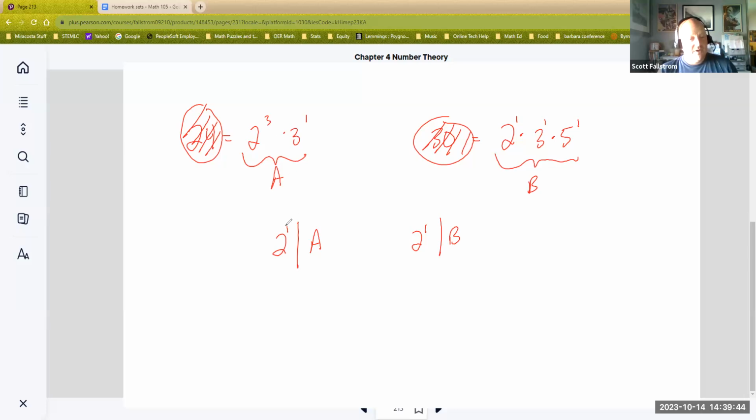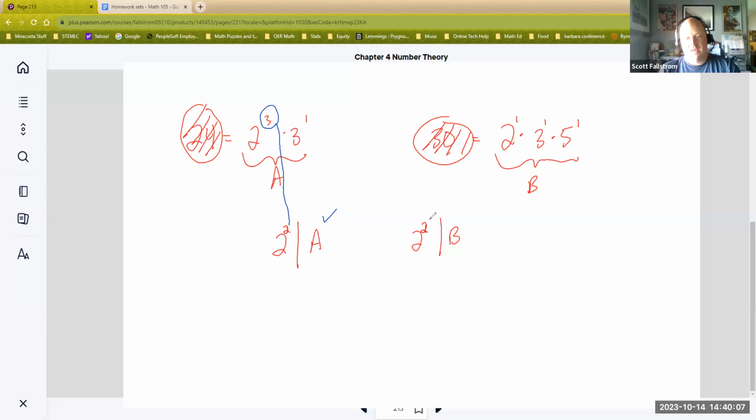Okay, so now let's move up to 2 squared. Does 2 squared divide A? What we're comparing is that exponent to the exponent here. And so yes, this one works just fine. 2 squared does divide A because my exponent is not greater than the exponent that exists in the prime factorization of my number itself.